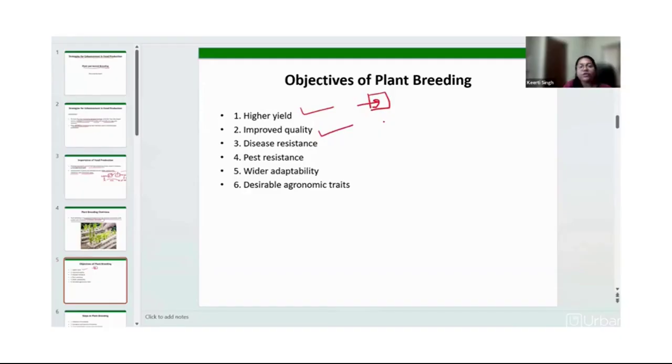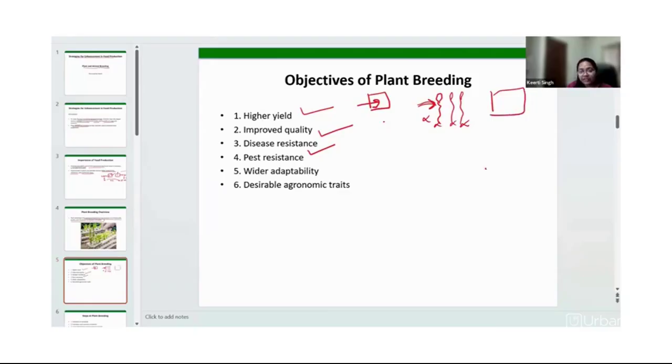right? We want disease resistant plants, right? For example, suppose there are five plants, and some kind of bacteria or microbe attacks them, and the plant cannot overcome the effect of this bacteria and dies, so it will lead to clearance of the land, right?